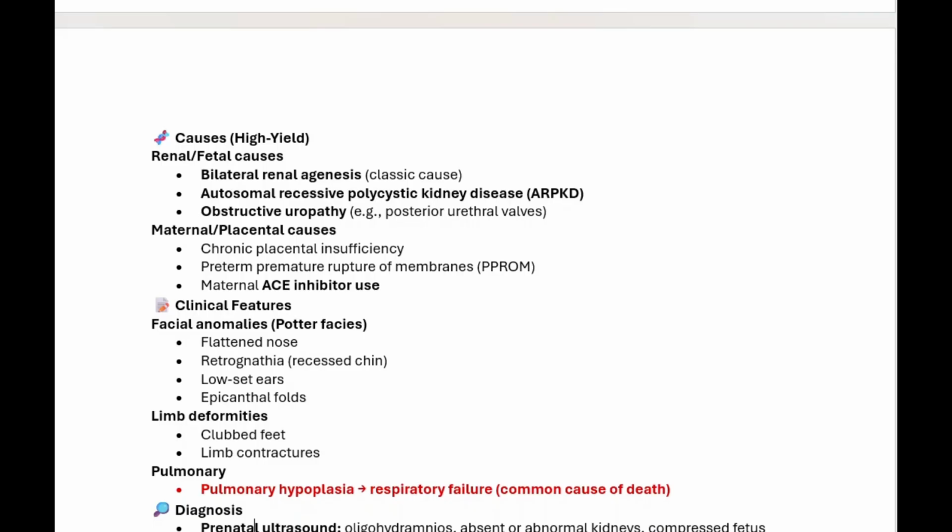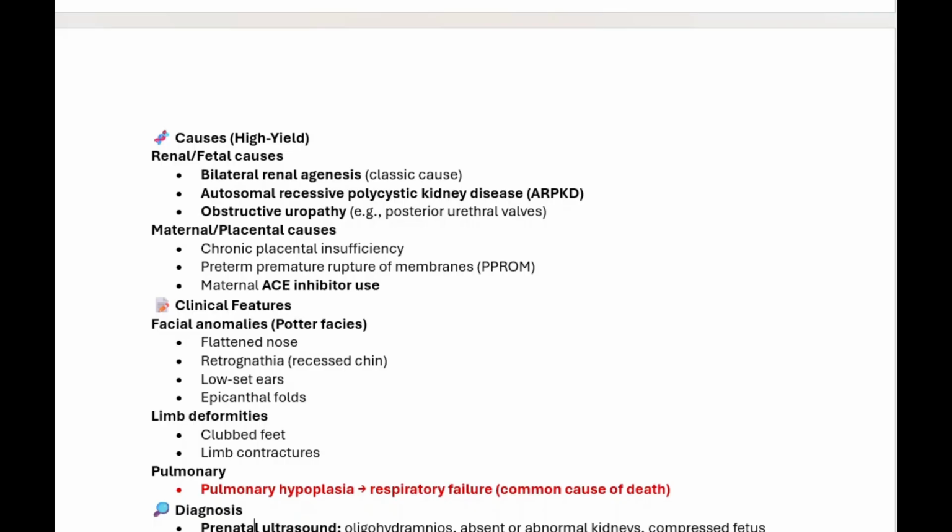And when we look at the maternal or placental causes, we have chronic placental insufficiency, preterm premature rupture of the membranes, and maternal ACE inhibitors. Because as you know, ACE inhibitors lead to a decrease in angiotensin 2. And angiotensin 2 is important to maintain the glomerular filtration rate, because it causes efferent arteriolar constriction, thereby increasing the glomerular hydrostatic pressure, thereby increasing the glomerular filtration rate.